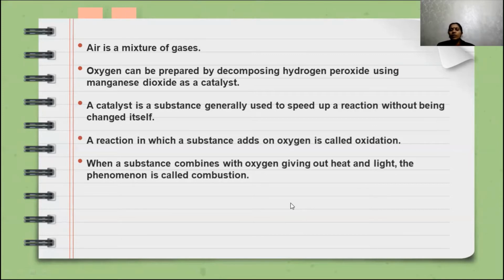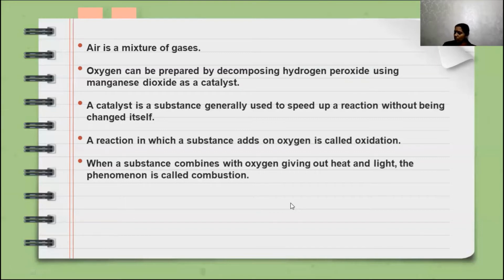You learned that when a substance combines with oxygen, it gives out heat and light, and this process we call combustion. So this is a phenomenon where a substance combines with oxygen, giving out heat and light, and the phenomenon is called combustion.